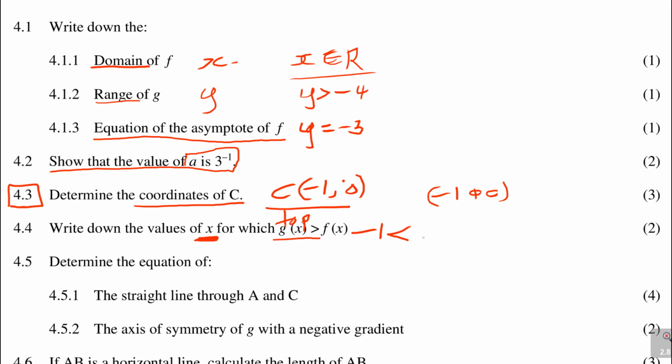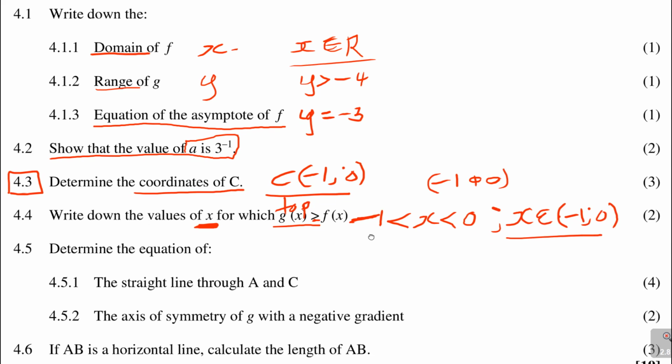You say -1 is less than x, and x is less than 0. We are starting from negative going towards positive. Are you with me? Or you can write it like this: x is an element of -1 and 0. They allow even if you write it like that. Are you with me? Now we're moving on.